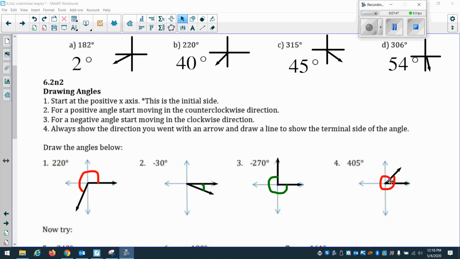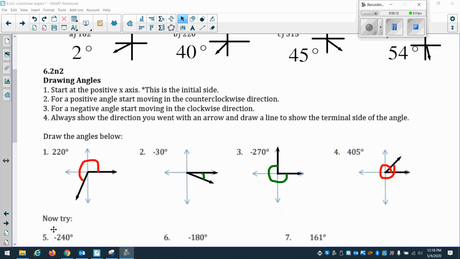Which would be 45 degrees. Now this is an example of a positive coterminal angle, meaning if I take 45 degrees and add 360, I have 405, which is a coterminal angle of 45 degrees. Okay, so we're going to get to coterminal angles pretty soon.